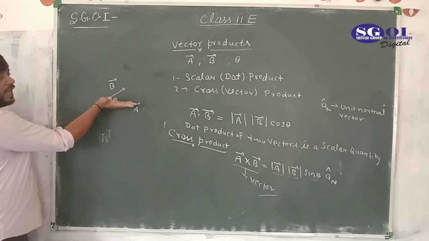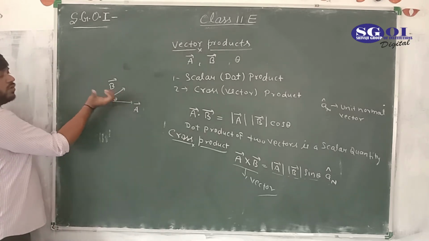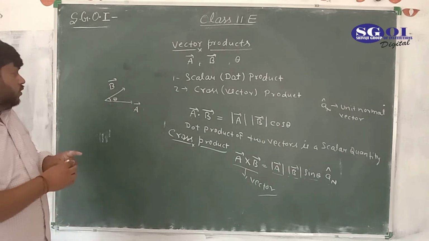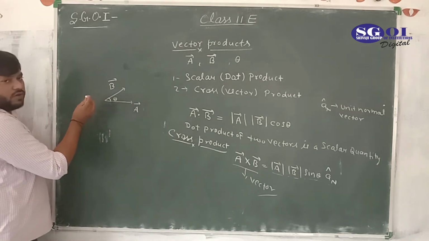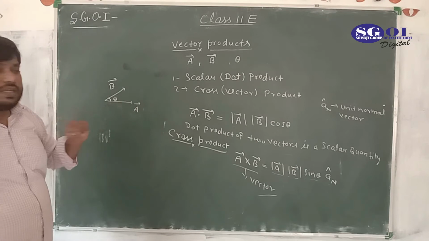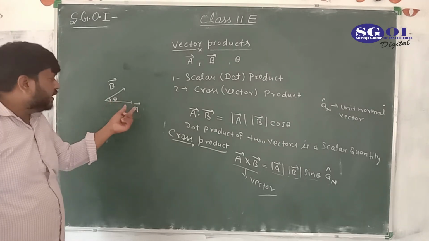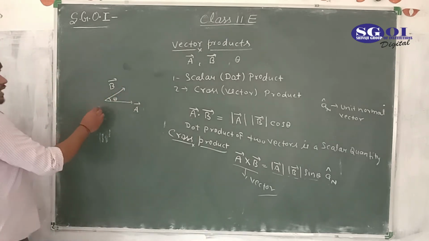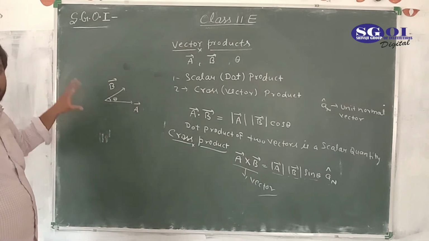So you have to put your hand like this, and when you close your fingers, they point towards B. So now your thumb is perpendicularly outside. So this is the direction of A cross B. For this particular case, the direction is outward, perpendicularly outward to this blackboard.